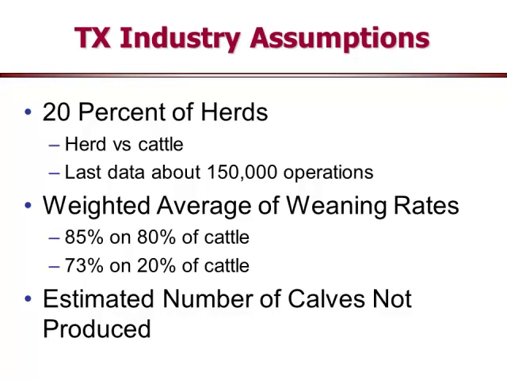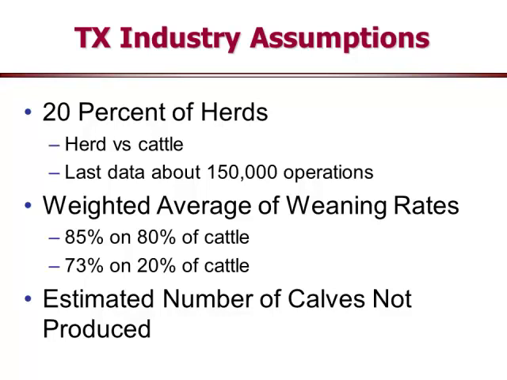So we tried to get from herds to number of cows, or our cow herd overall. The last data we had was about 150,000 operations with cattle in the state. We took a weighted average of weaning rate, so a weighted average of calves sold per cow, and of course we're using annual data.